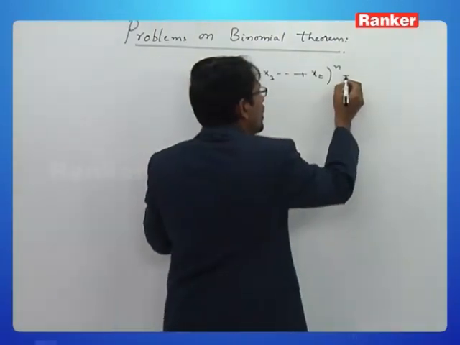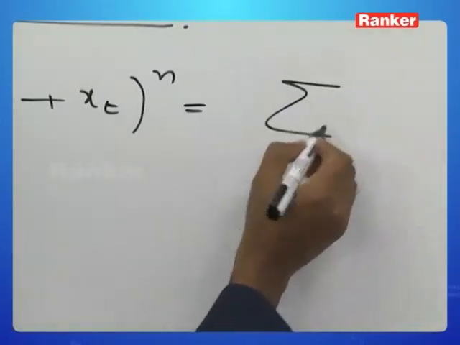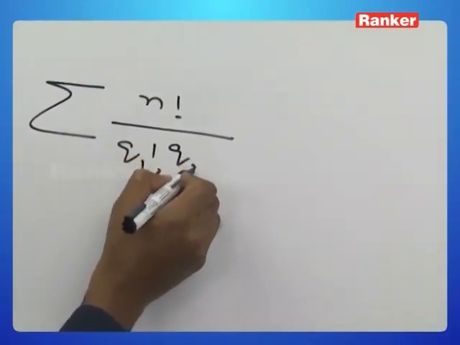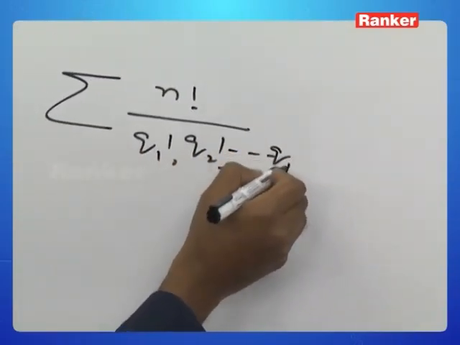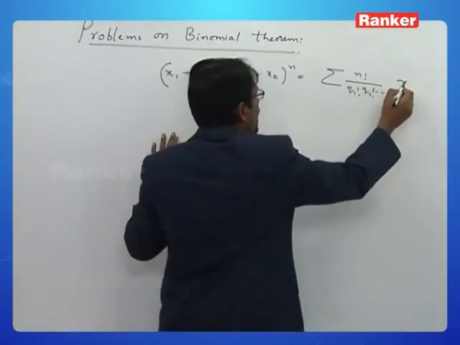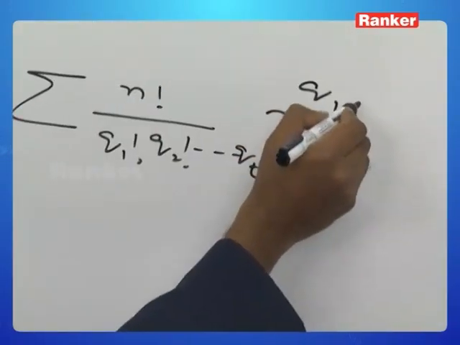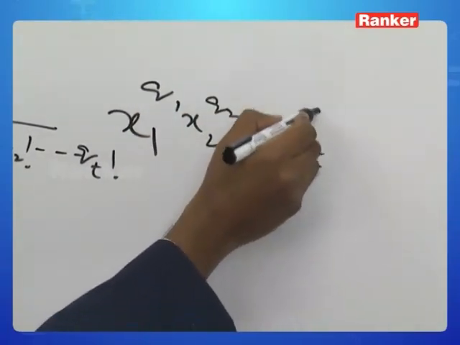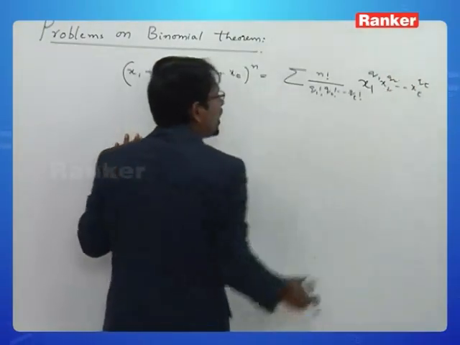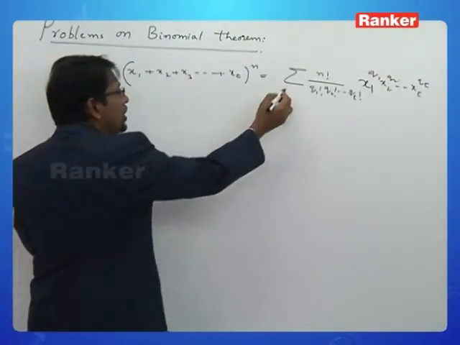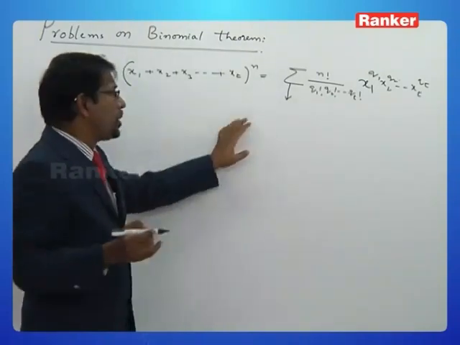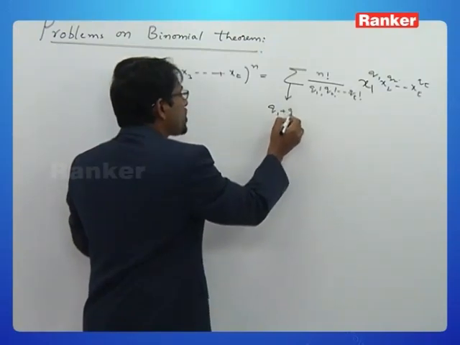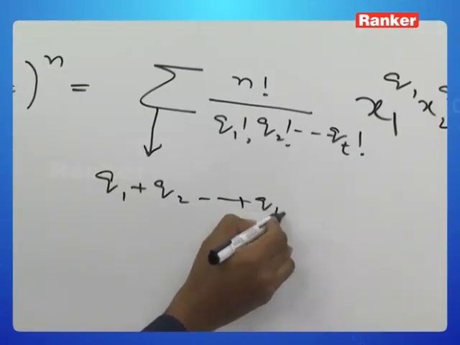This is given by the summation of n factorial by q1 factorial into q2 factorial into so on qt factorial, x1 raised to the power q1, x2 raised to the power q2, so on xt raised to the power qt, with the terms ranging over all possible solutions of q1 plus q2 plus so on plus qt equal to n.